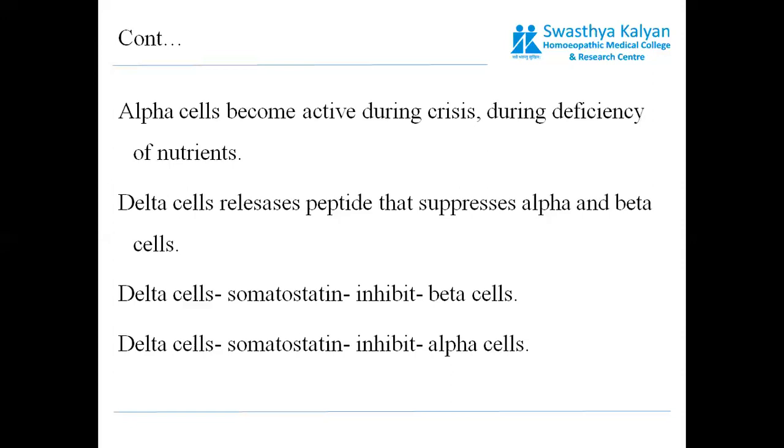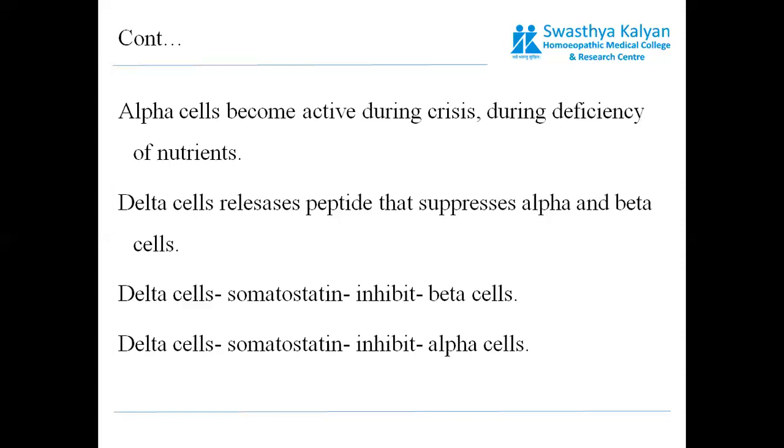Now this was the relationship between the D cells, the nasty dog, and the beta cell. Now what about the alpha cells? Somatostatin suppresses the production of the beta cells, so obviously it will also inhibit alpha cells. Even if you are an alpha male, you cannot fight with a dog.